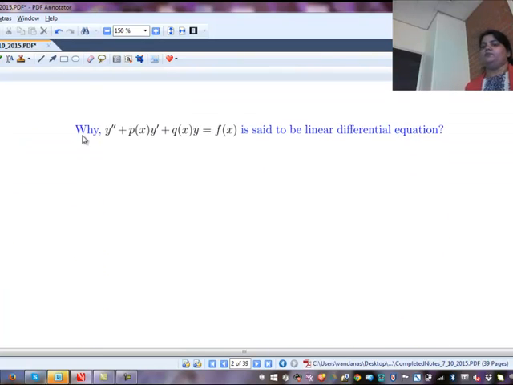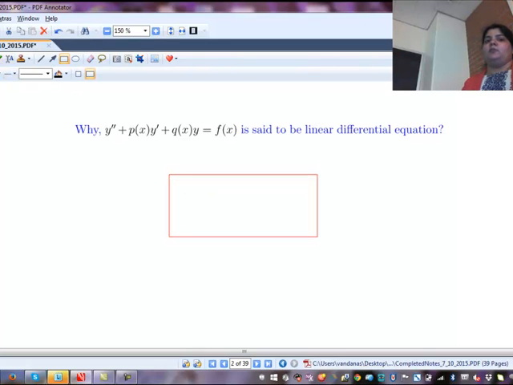Now the concept of linearity remains the same as the way we were checking a first order differential equation to be linear. For a second order differential equation also, you will think of a mechanism happening in some box.